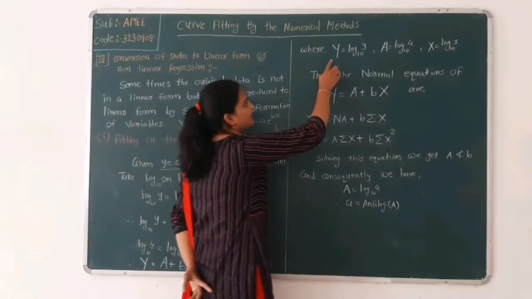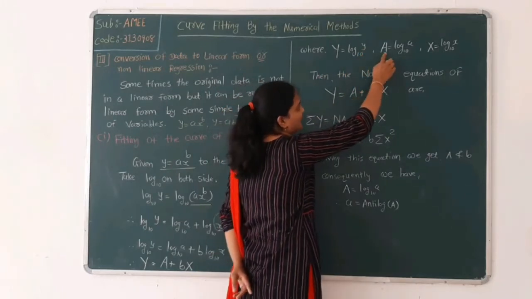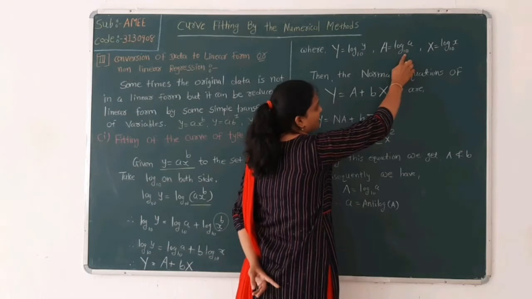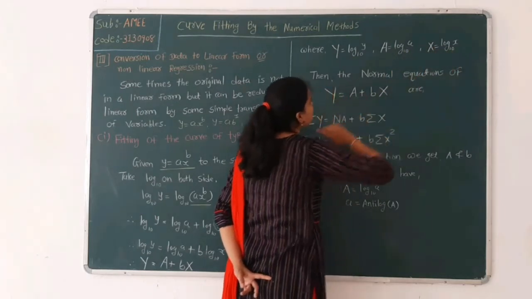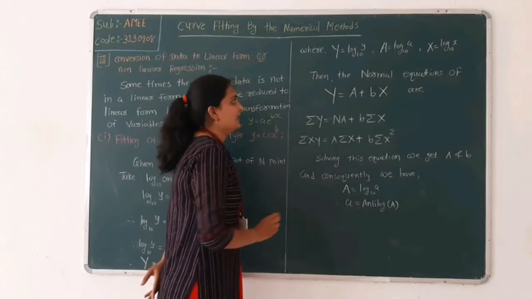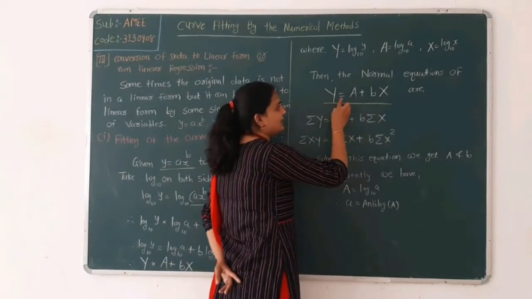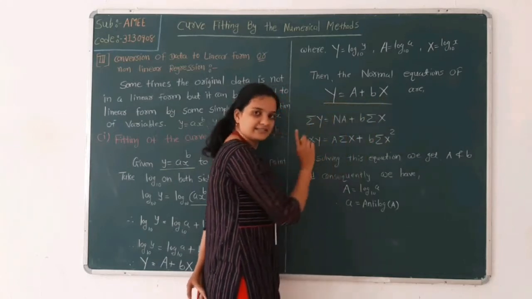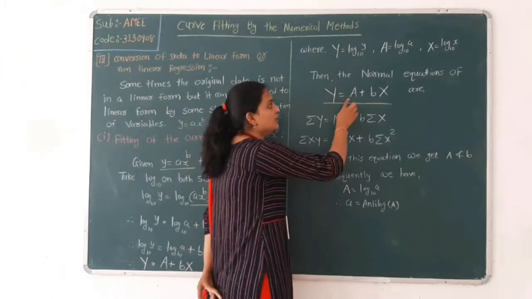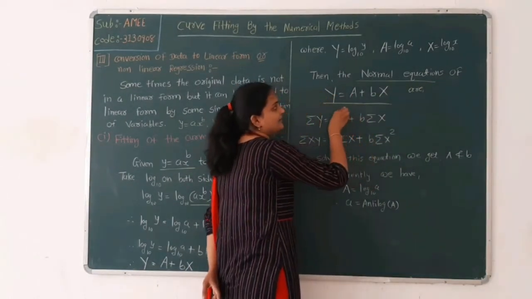Then the value of capital Y is log small y to the base 10, capital A equals log small a to the base 10, and capital X equals log small x to the base 10. Then we have the form Y equals A plus bX, which is a straight line. So we write the normal equations of a straight line.